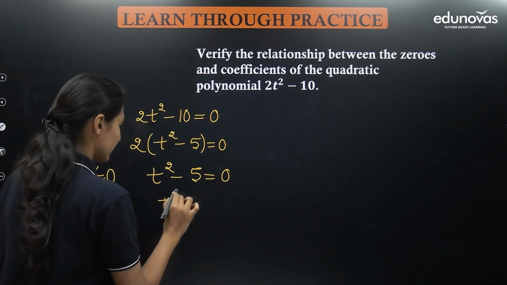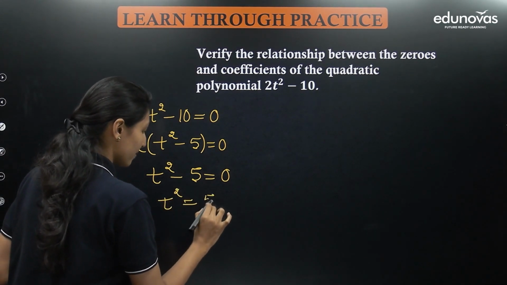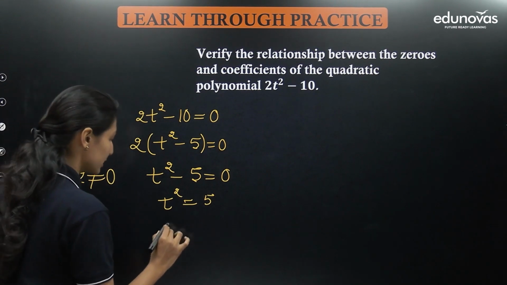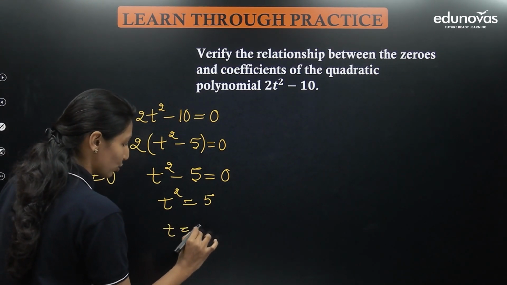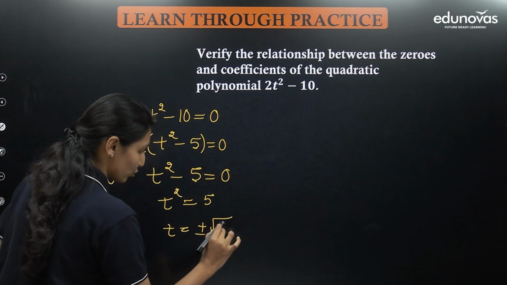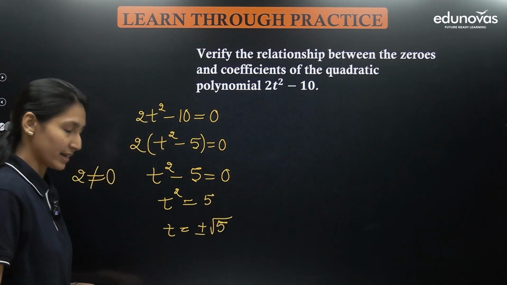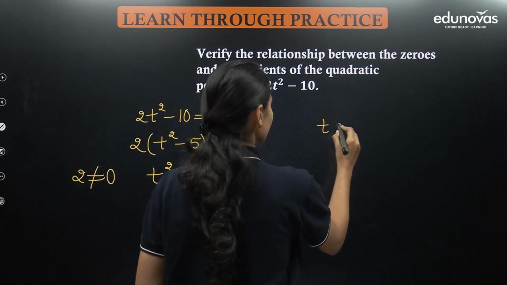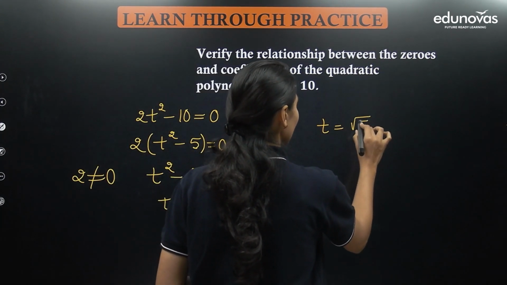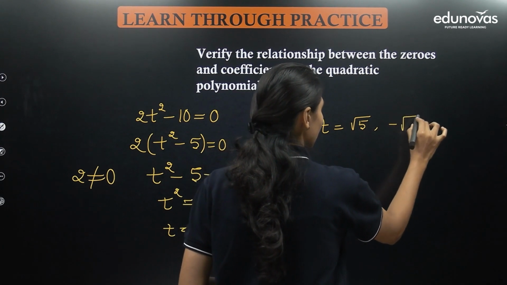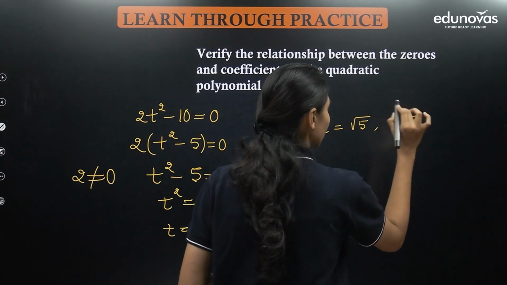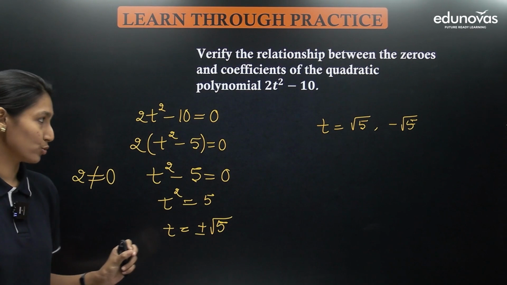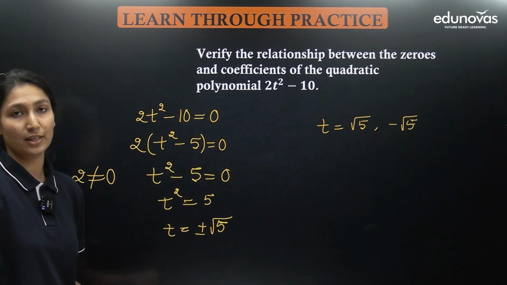Now, t square is equal to 5, and on taking square root on both sides, we get t is equal to plus or minus root 5. Therefore, the two zeros for the given polynomial are root 5 and minus root 5.